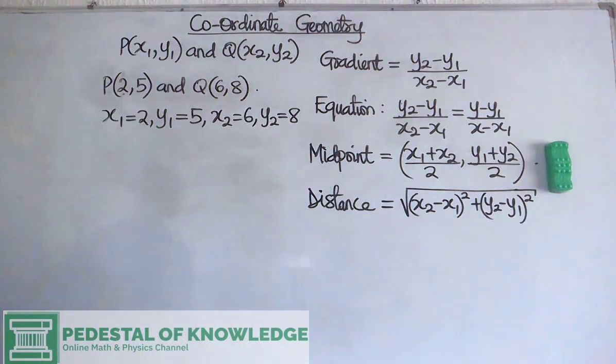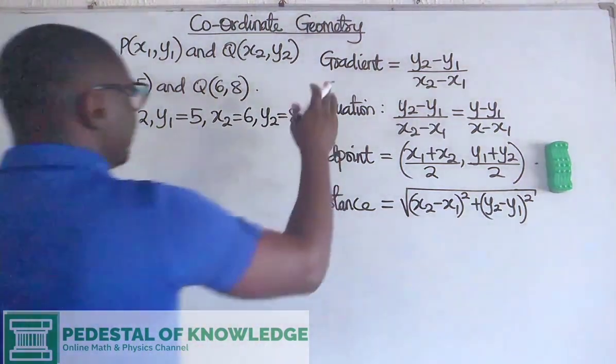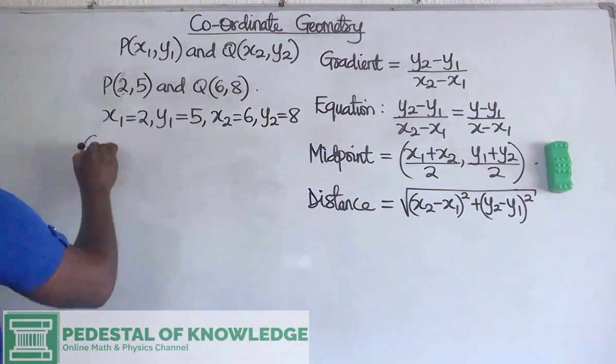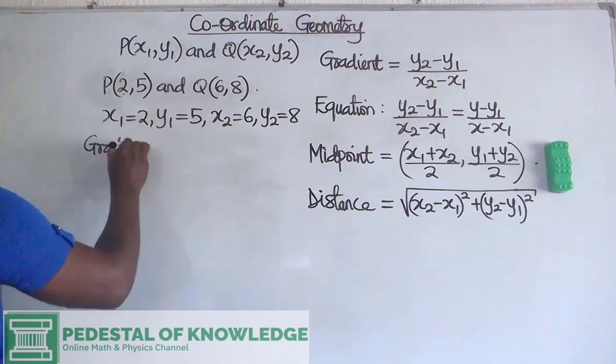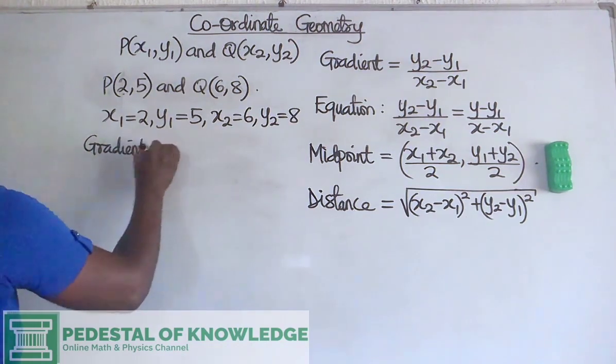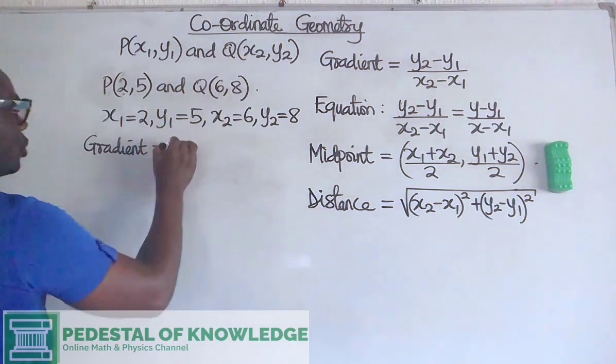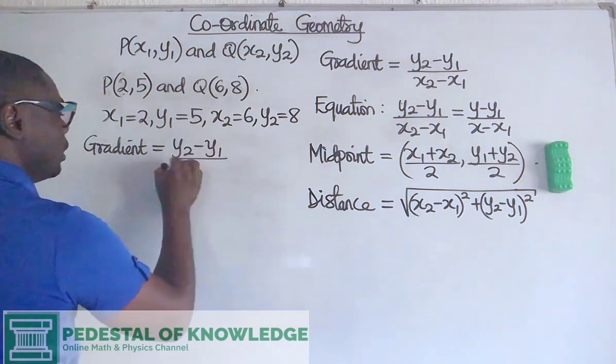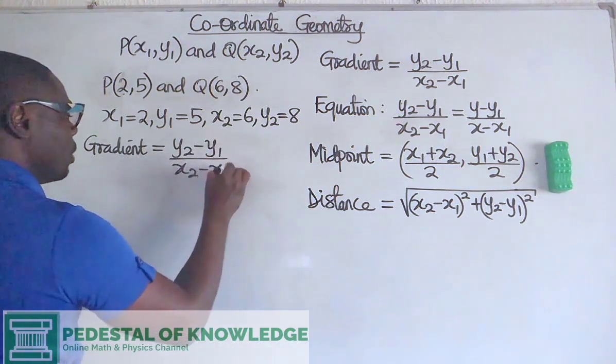So now, when we're asked to find the gradient of the line connecting P and Q, the gradient is equal to, from our equation, y2 minus y1 over x2 minus x1.